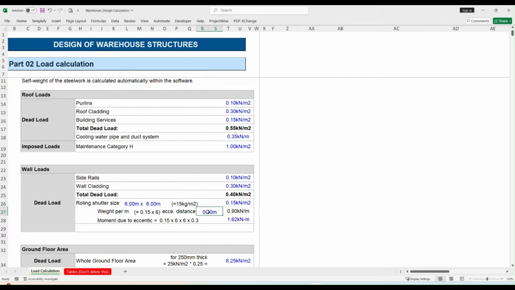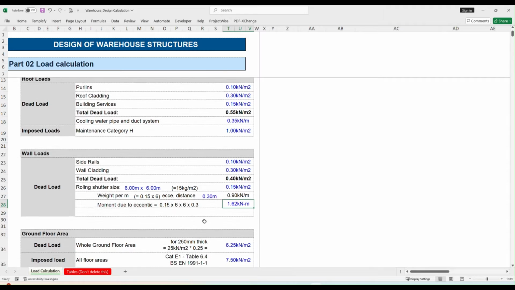We are considering that as 300 mm, 0.3 meter, in order to calculate the moment due to eccentricity of the rolling shutter. Multiplying that we are getting 1.62 kilonewton meter. This value we are going to apply on the beam which is to hold the rolling shutter.